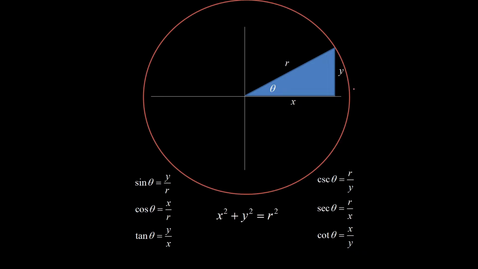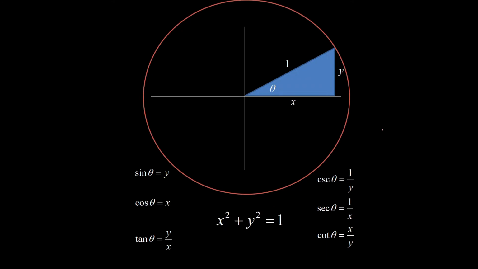And what we're going to do for today is, while R can be any positive value, we're going to say today R is just 1. And we're going to deal with what's called the unit circle. So a unit circle is simply a circle with radius 1. And we're going to take this 1 and plug it in for all the r's. And then we have these results.